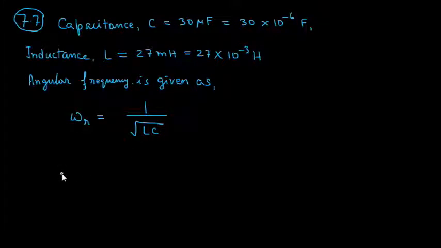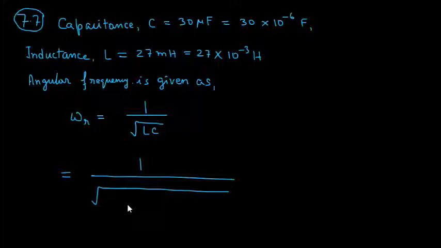Put the value of L and C, we'll get under root 27 into 10 to the power minus 3 multiplied by 30 into 10 to the power minus 6.